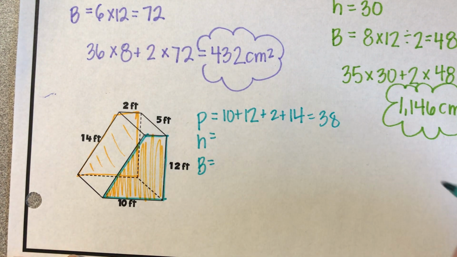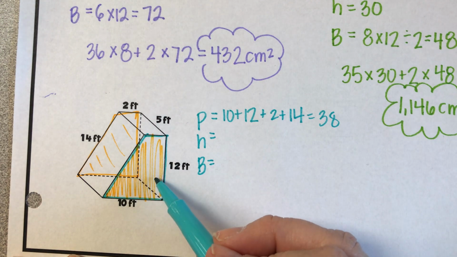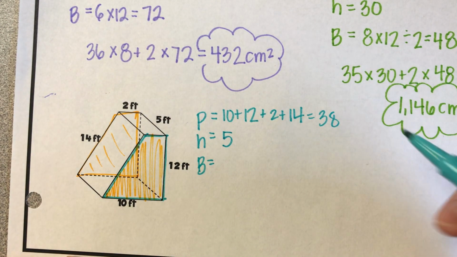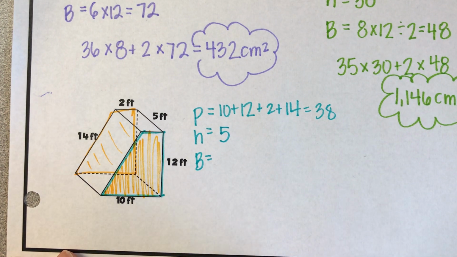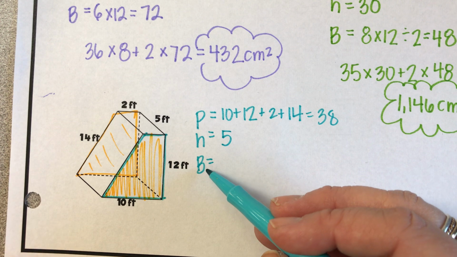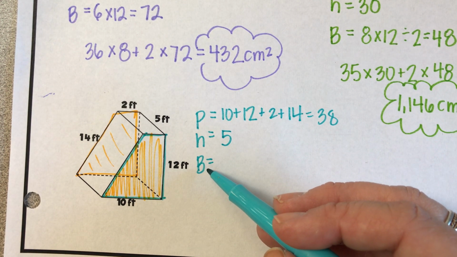And then the height is what's connecting those two bases. So what is connecting those two bases? 5. This is a base, this is a base. 5 is what's connecting them. And now I need to find the area of this base. Well, it's a trapezoid. And the formula for a trapezoid is the sum of the bases times the height divided by 2.